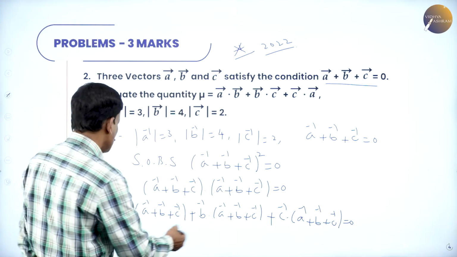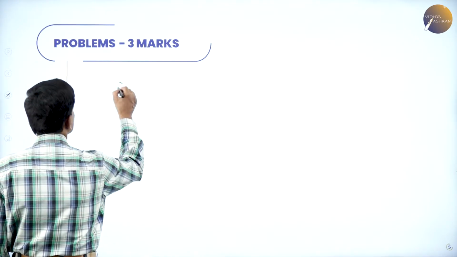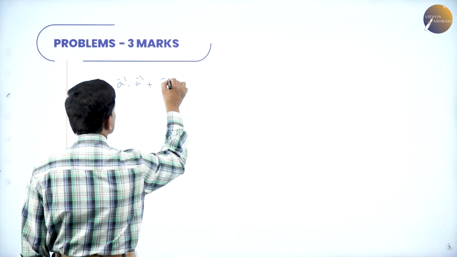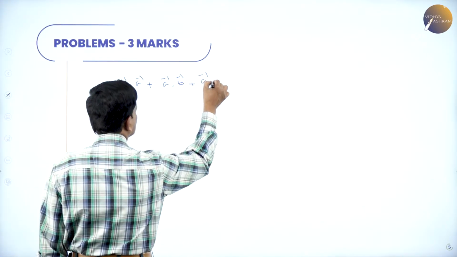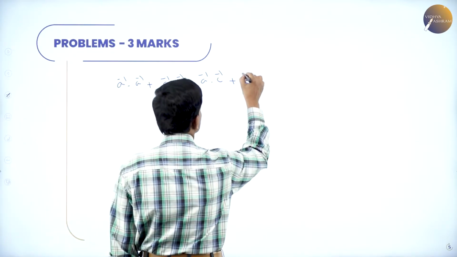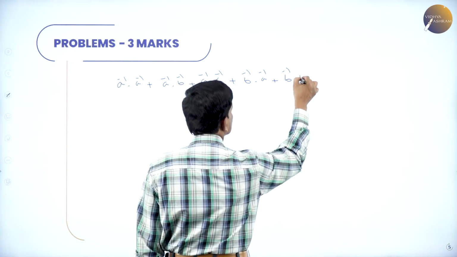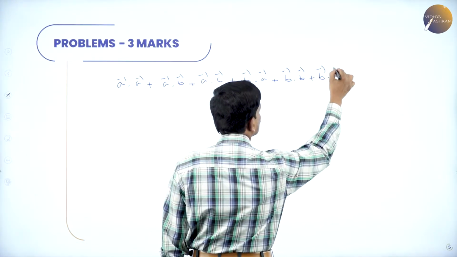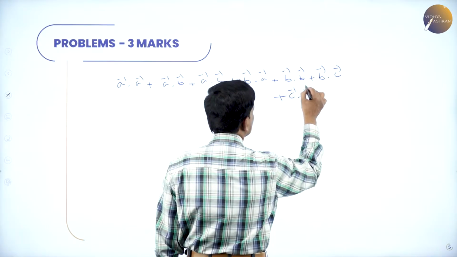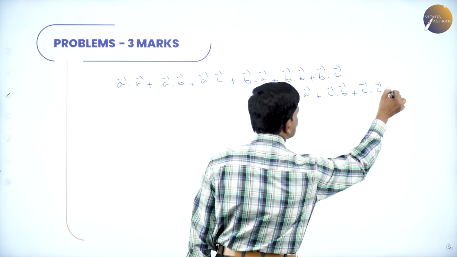Ordinary multiplication. Multiply this. A dot into A is A dot A. So that is A dot A plus A dot B plus A dot C, plus B dot A plus B dot B plus B dot C, plus the last one C dot A plus C dot B plus C dot C is equal to 0.